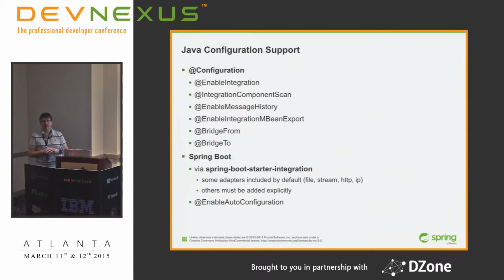So you don't have to have that. Other annotations create post-processors, for example, the MBean export. Others create bridges, so they have semantic functions like that. On top of all that, Spring Boot has added support for Spring Integration.